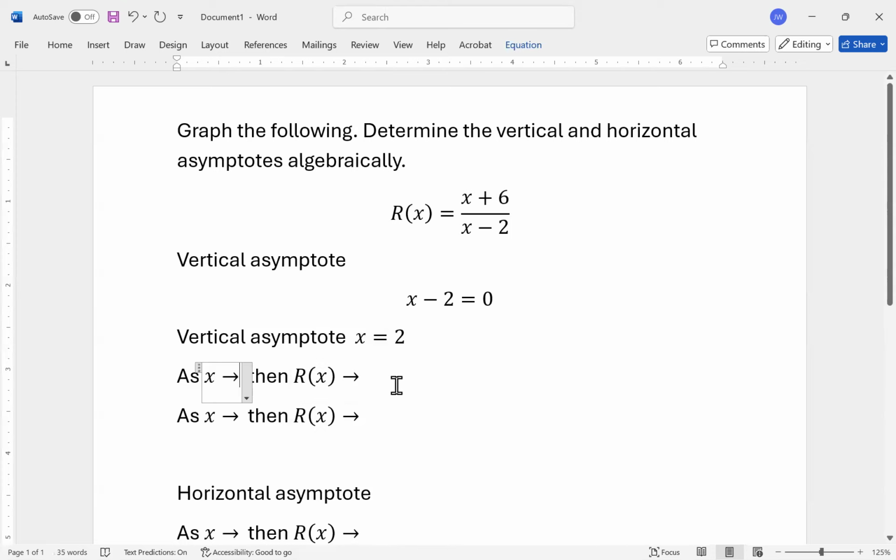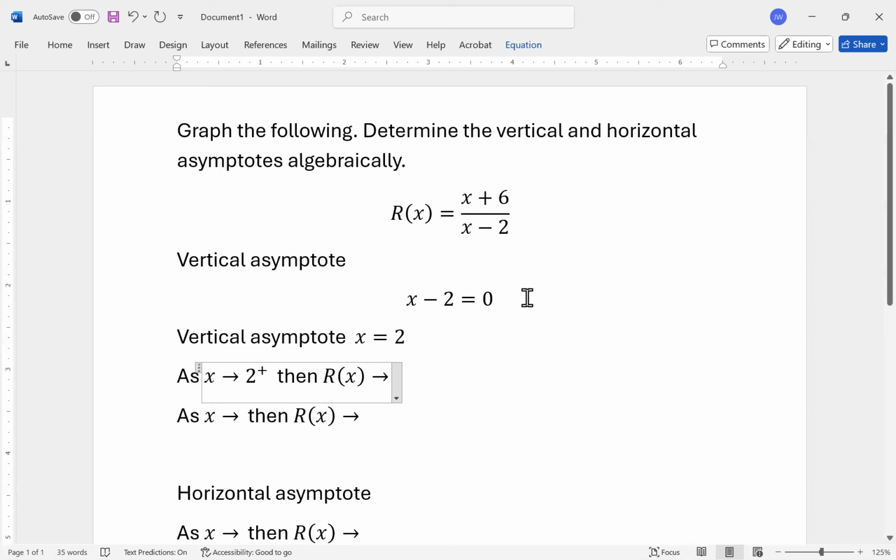Now we can also say as x goes to 2 from above, what is my function doing? Is it going to positive infinity or is it shooting off towards negative infinity? Now, the way I like to do this is I like to plug in a number that's really close to 2, but a little bit above 2.